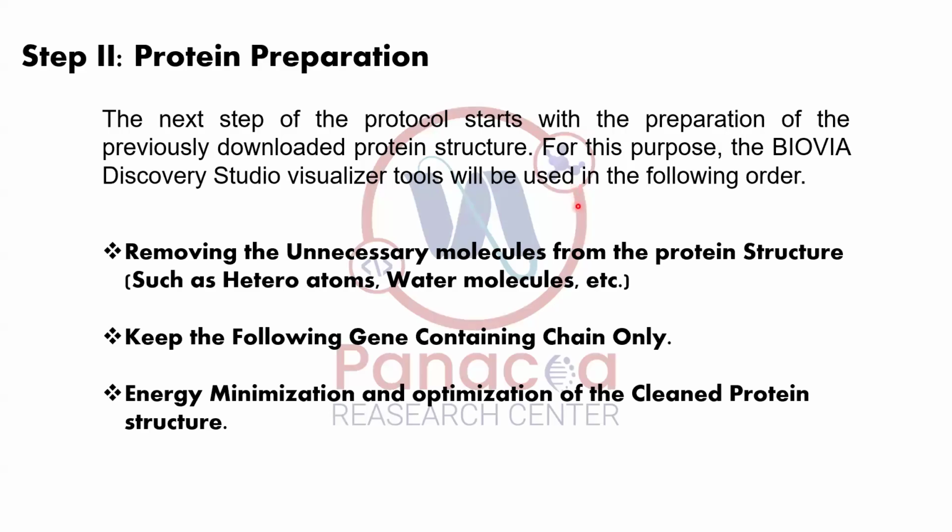So the next step is to remove these parts from our crystallized protein structure, like removing unnecessary molecules. And one of the most important parts is the formation and optimization. Before converting this PDB file to PDBQT, we need to optimize the energy of this protein structure to get the best fit or best binding pose with ligands.